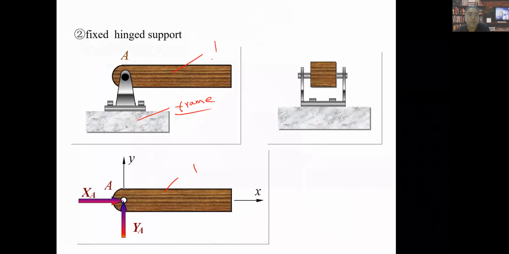So this body 1 can only rotate around point A, right? Because it has 3 freedoms, 2 of them are prevented, so only 1 rotation movement is allowed, right? Do you guys understand?